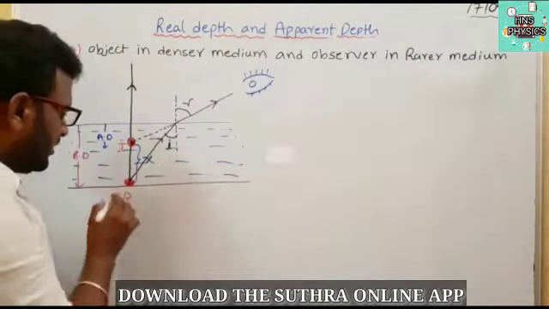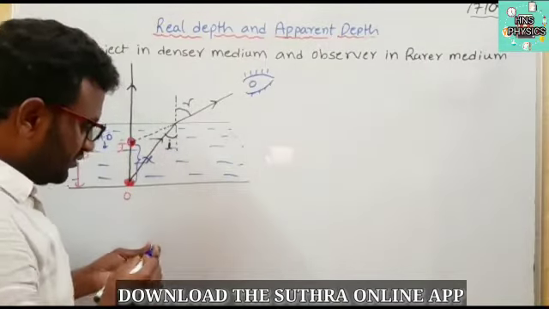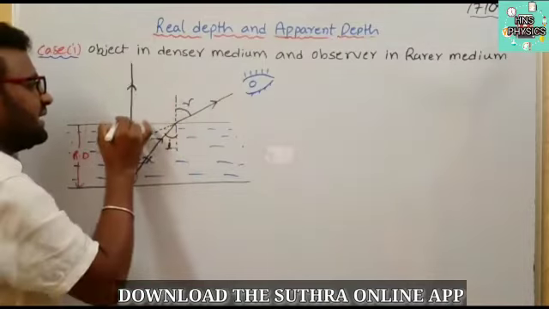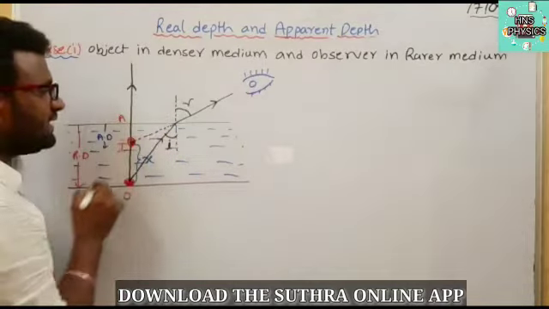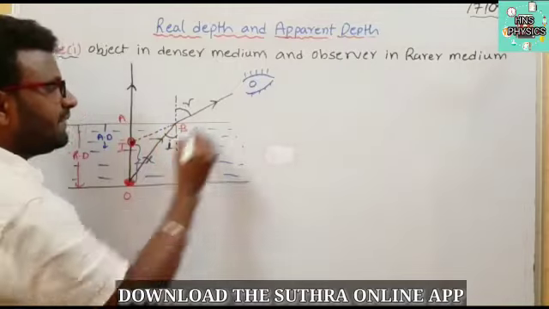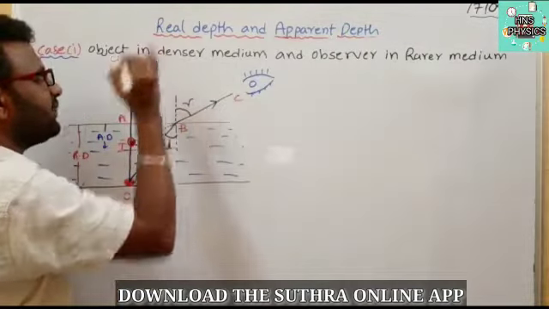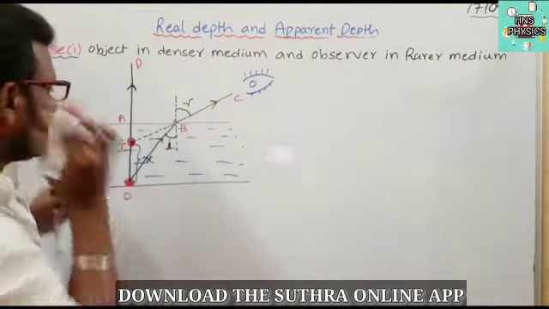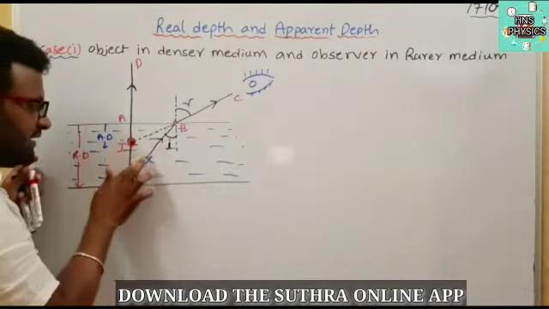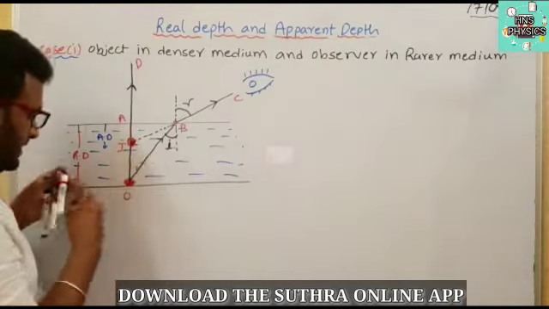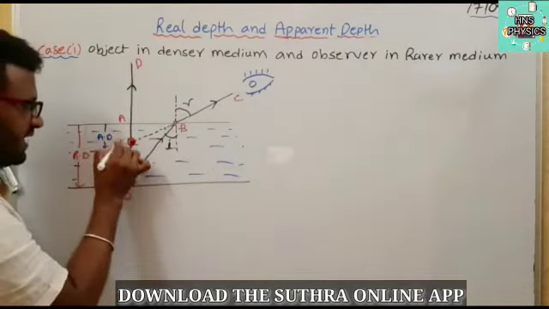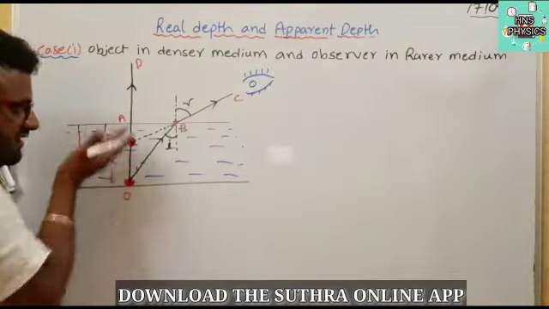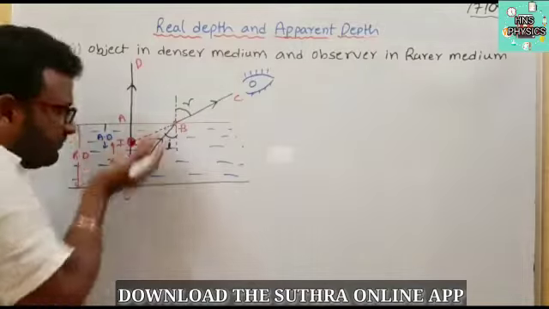Now I am going to name the points: this is point O, this is I, this point is A, this is B, this is C, this is D. The x value is the shift, and the coin rises by that height from its original position.